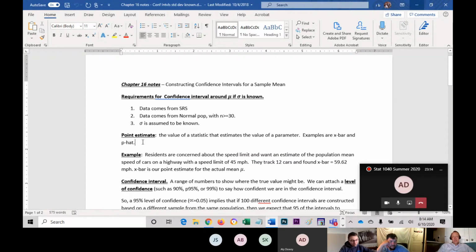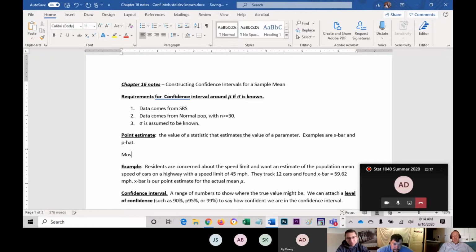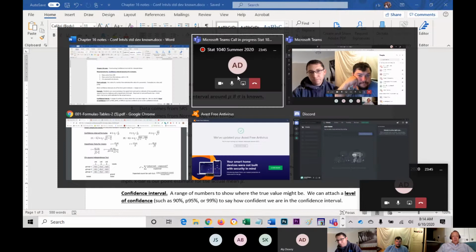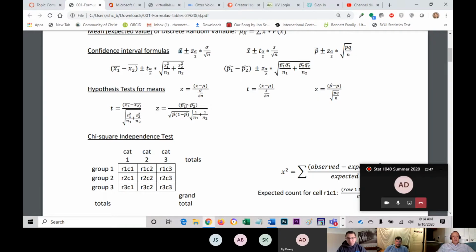Now let me back up a second. Most confidence intervals are of the form your point estimate, which is going to be either your x bar or your p hat, plus or minus your margin of error. Okay, now looking back here, I'm just going to preview.